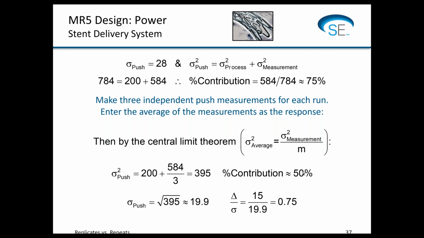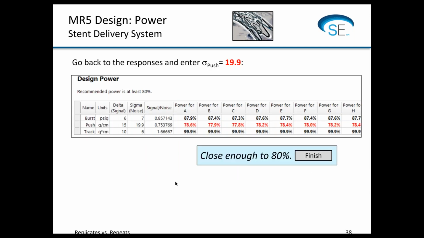If we had repeated the runs, the whole design became untenable because of cost and the amount of time, mainly the amount of time that it would take. Okay, so that reduces our overall variation from 28 down to 20, 19.9. That increases our delta to sigma up to 0.75. So if we go back, let's go back.